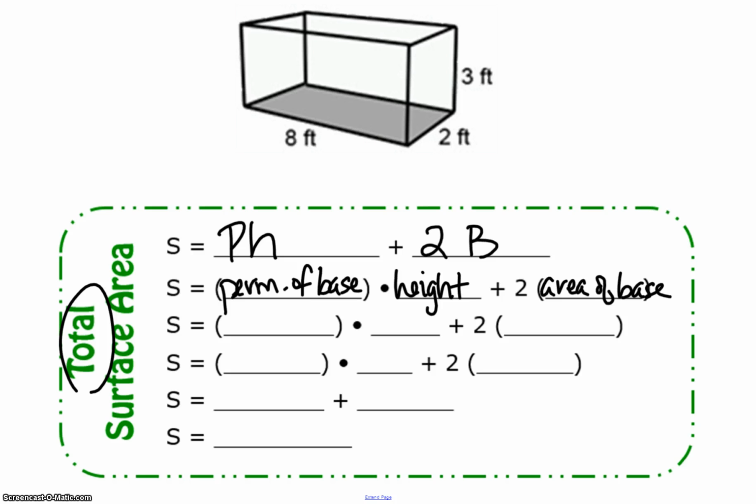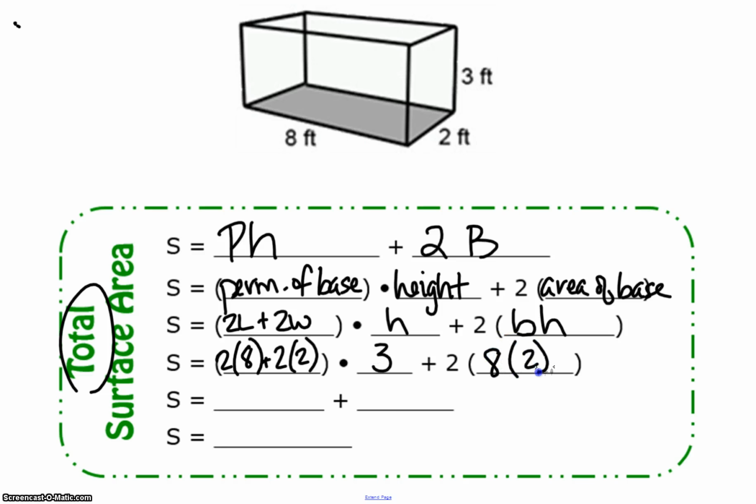So, the perimeter of the base would be 2 lengths plus 2 widths, times the height, and then 2 times base times height for the area of the base. So 2 times 8 plus 2 times 2, times 3 for the height, plus 2 times 8 times 2.